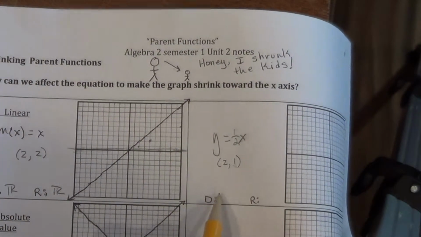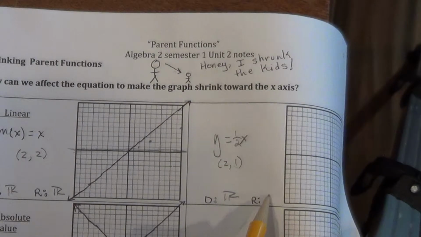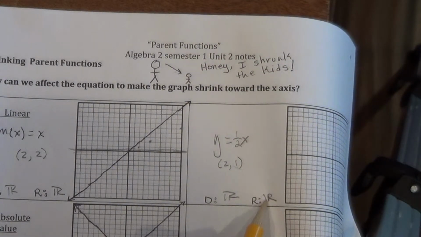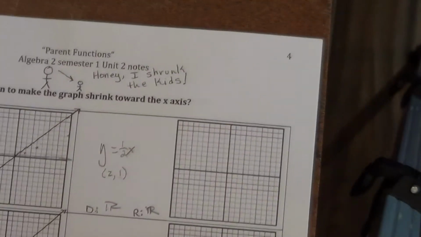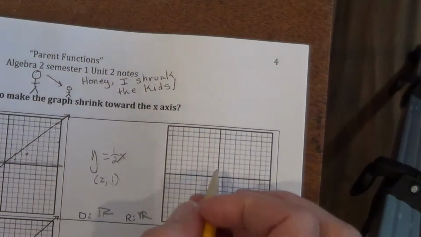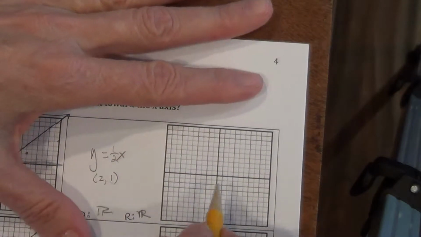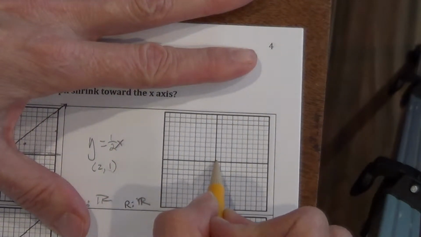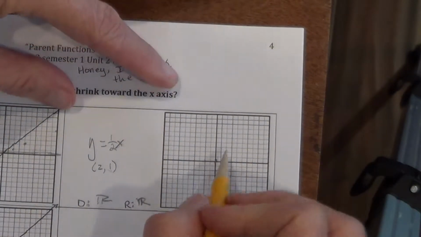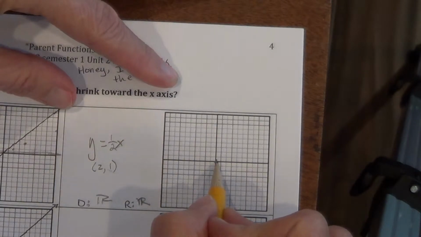Our domain and range are still unlimited. We've done nothing with that because this graph is going to go on forever and ever, in both directions. But now when we put in input 0, it's the only one that doesn't cut in half, because you can't take half of 0. So it still goes through the origin.